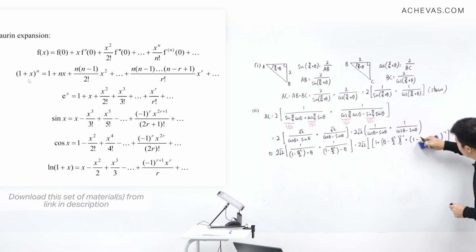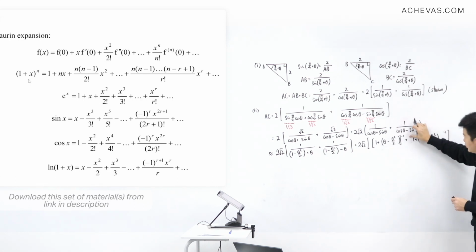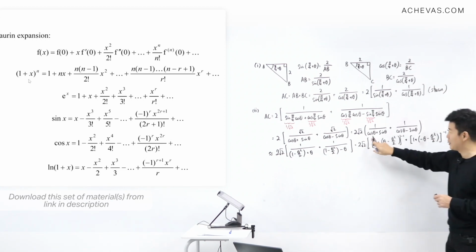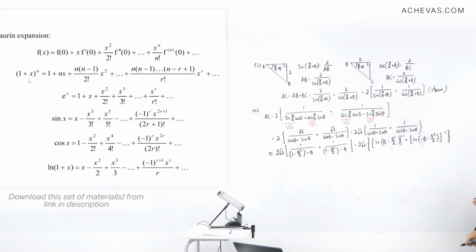If I regroup this, it is going to become plus, then we will have a minus, a minus theta over 2. Then this bracket, let me change it into a square bracket. To be very precise in my presentation, I'm going to use another bracket to represent this. So we have another form.